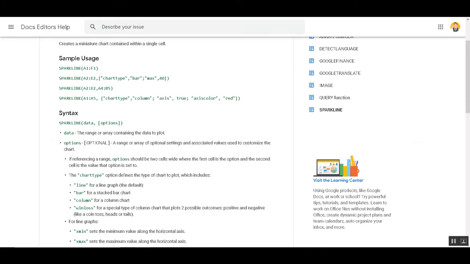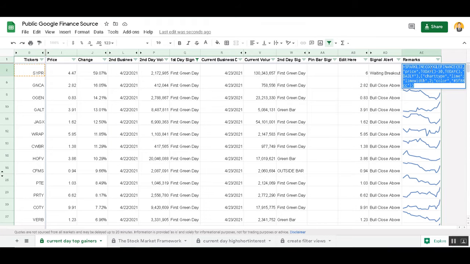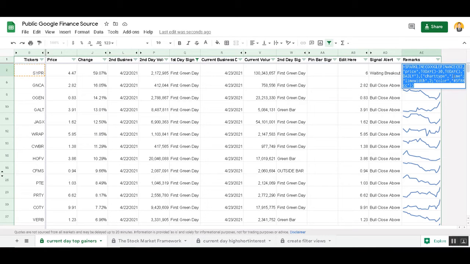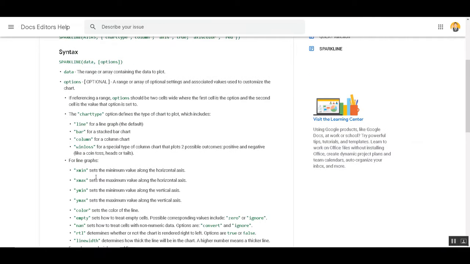As you can see, Sparkline requires the data, and I feed it with Google Finance for 30 days. Then the options will be the chart type. I want it to be line. Then the line thickness will be 2, and the color I set to blue.